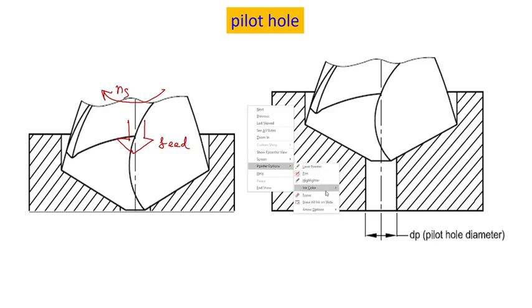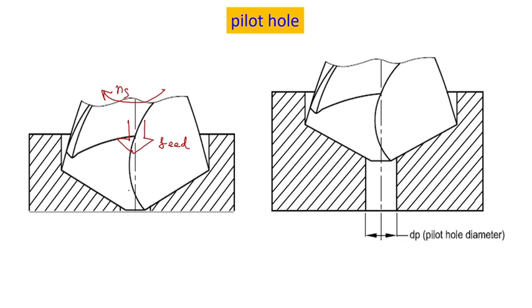So the forces which will be coming onto the drill can be shown here. There would be a force in the upward direction. This should be called thrust force.